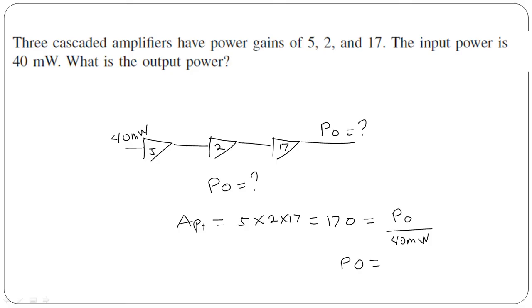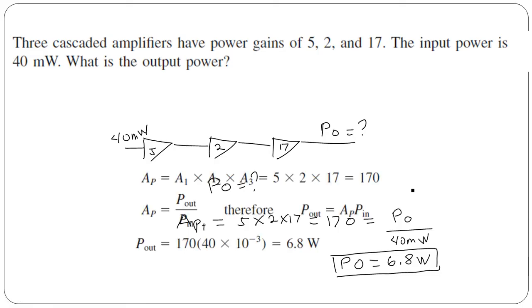So, this is equals to 6.8 watts. Okay? So, ibig sabihin, if merong 3-stage amplifier na merong gain na 5, 2, at saka 17, and merong pumasok na 40 milliwatts na signal, sa output, magiging 6.8 watts yung level nung output power. Okay? So, next. Yan, tama tayo. 6.8 watts.